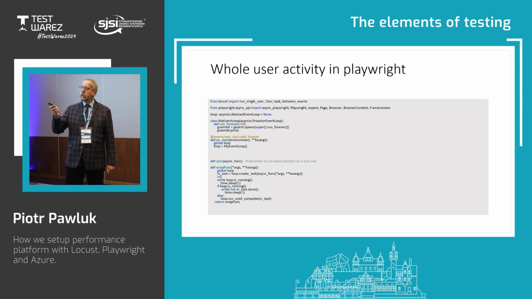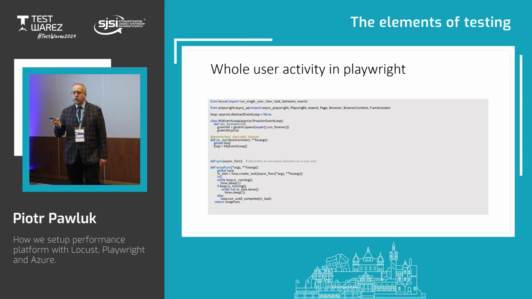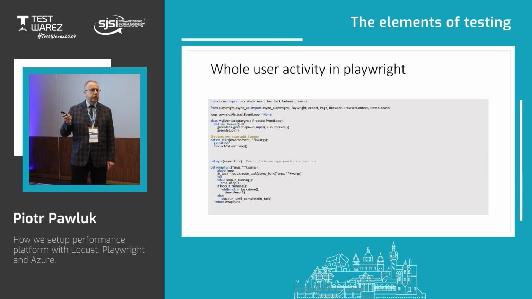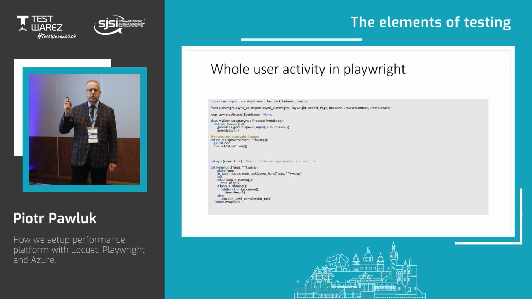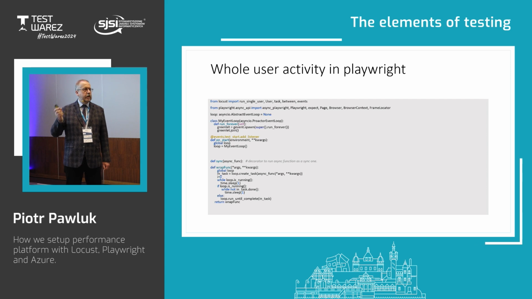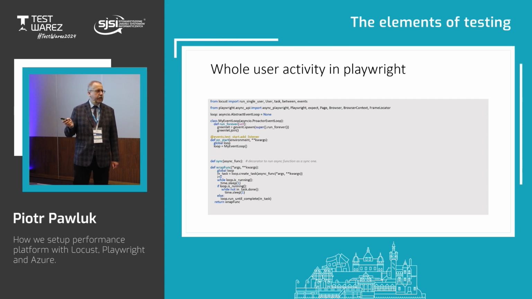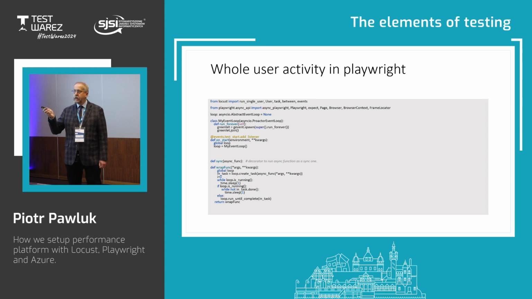So you see the decorator, which modifies this asynchronously running Playwright Python code to a synchronous one, because Locust uses synchronous calls. So it was a trick.